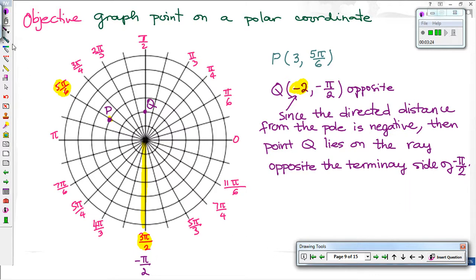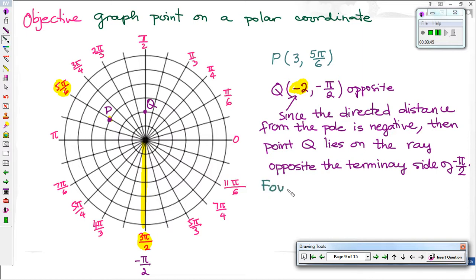So now we are going to learn how to represent the same point using 4 different representations.